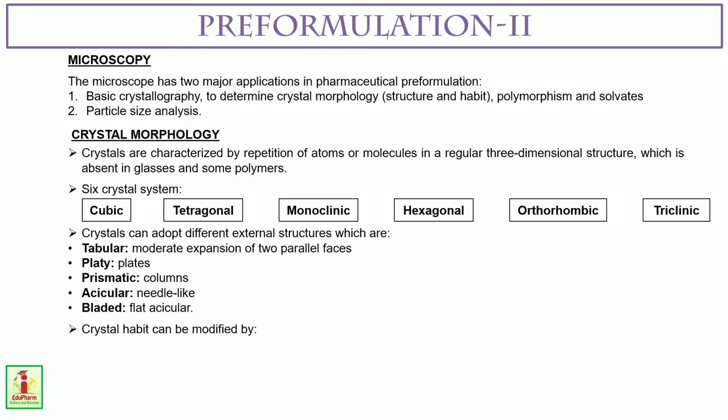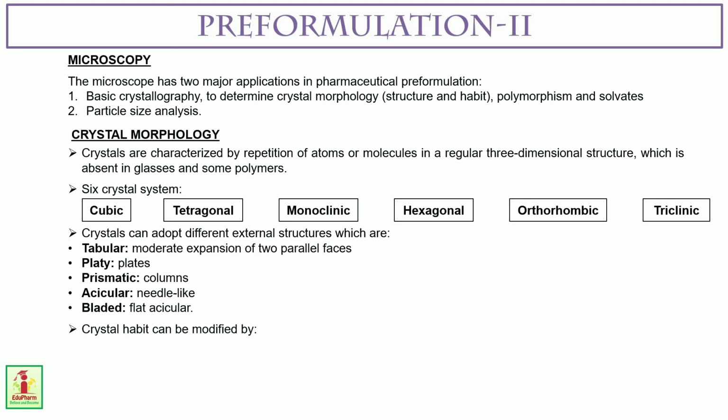Crystals can adopt different external structures, which are tabular, moderate expansion of 2 parallel faces, plates, prismatic columns, acicular, needle-like, and bladed, which is flat or acicular.